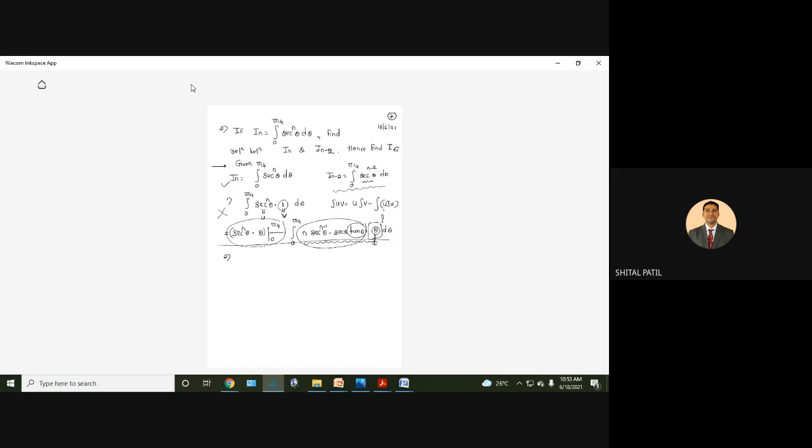It contains theta, but it is sec theta. We don't have a separate theta term. And here we have a separate theta term. Therefore, if we proceed in this way, it is not possible to find the reduction formula. It is not possible to find the relation between I_n and I_n minus 2, sorry.